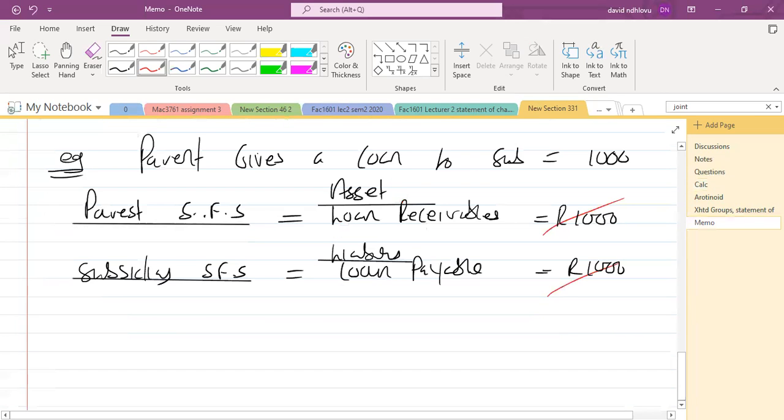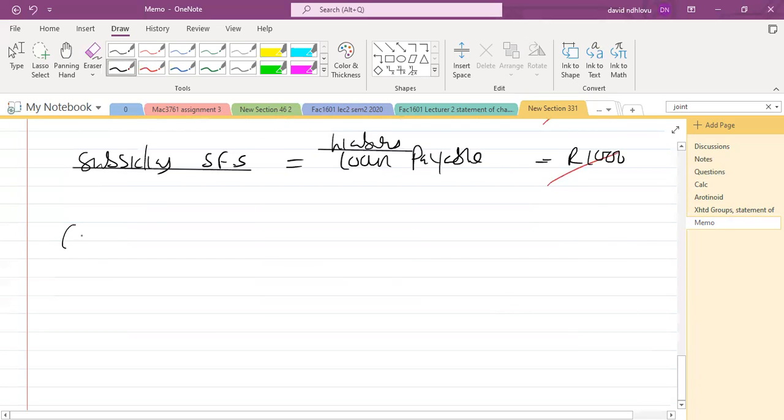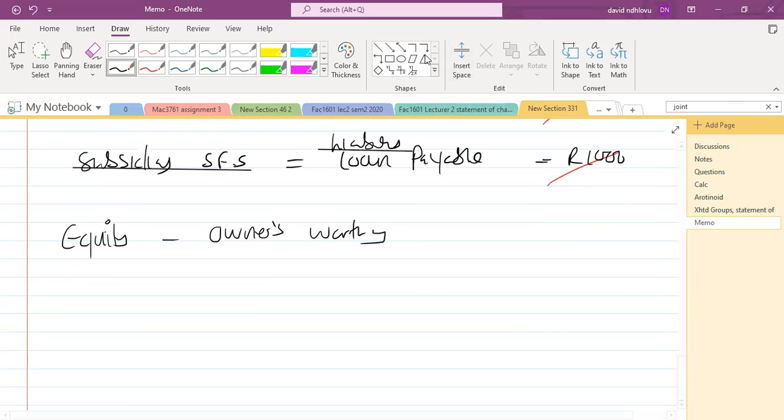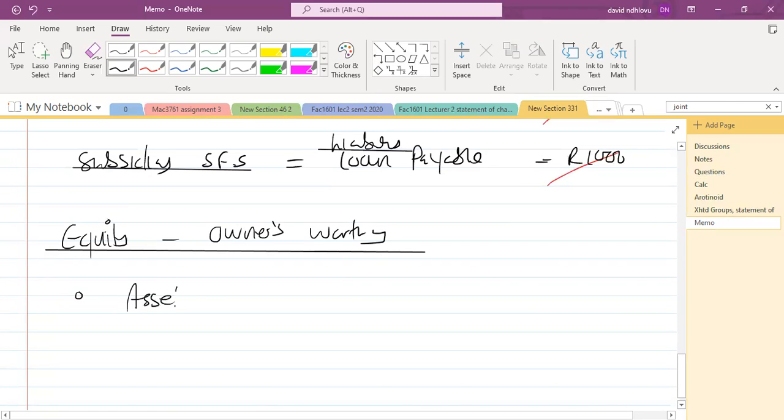Capital. When we look at equity in a company, it is the owner's worth in that business. So you are buying shareholding, you need to determine what is the value of this equity that you have. Now remember, we normally say assets equal to equity plus liabilities, in which case we are saying assets are basically resources.